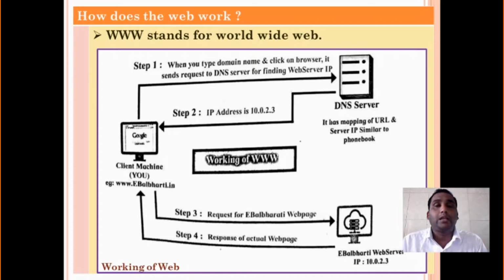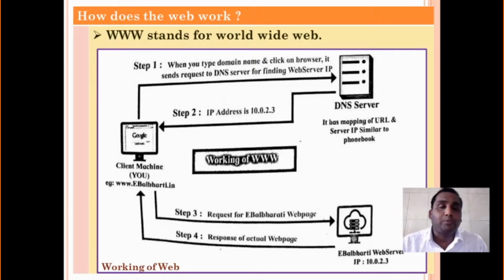What is URL? URL is Uniform Resource Locator. It's just like an address of a website. So DNS maintains all the addresses of the websites.